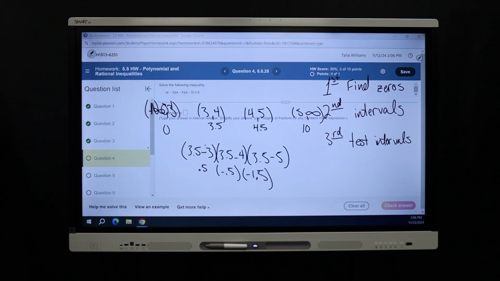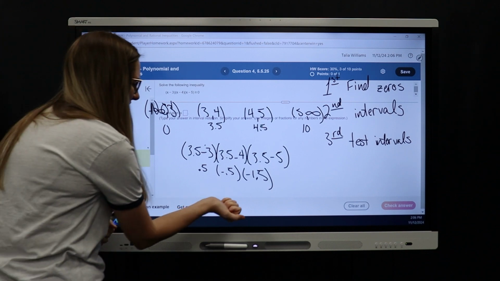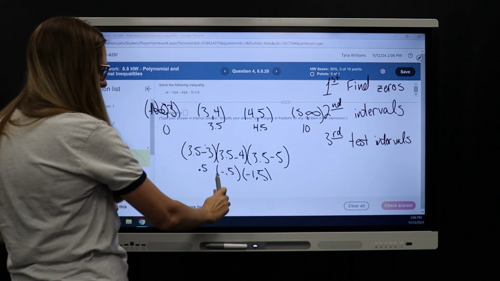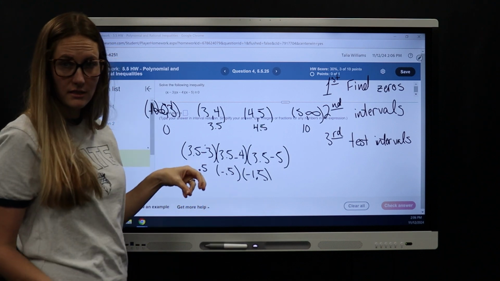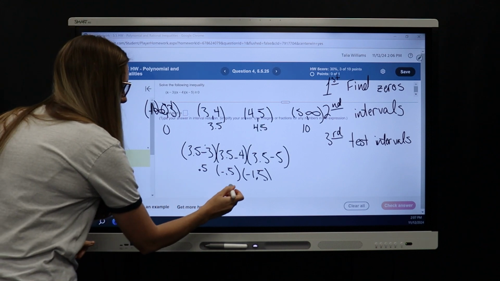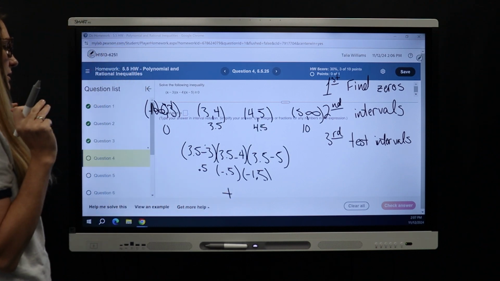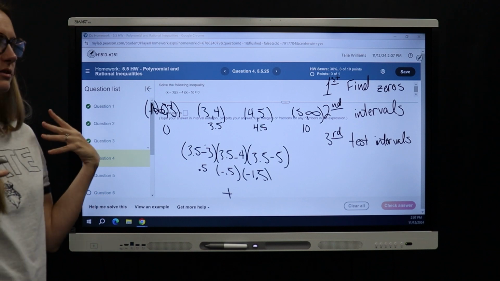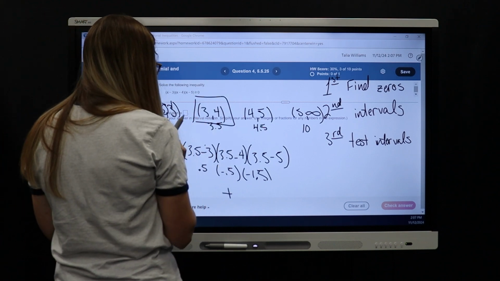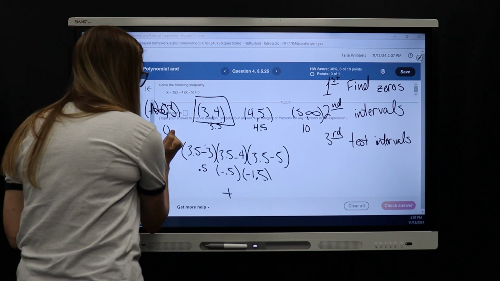Now here I just want to use my rules of positives and negatives. So if I have a negative times a negative, that's a positive, and a positive times a positive means this is positive. Is anything positive greater than 0? Yes. So this interval will be included in our answer.